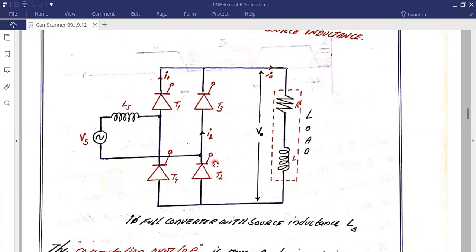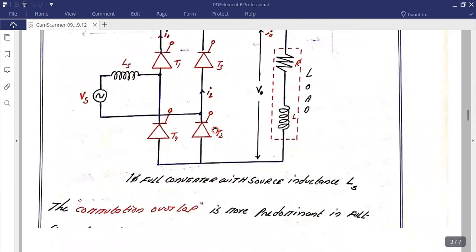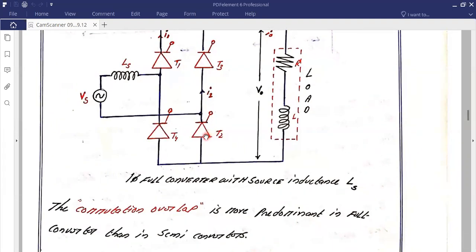Due to that gradual change, in a certain time span, both the outgoing and incoming devices are going to be in conduction. That is going to be called the commutation overlap.